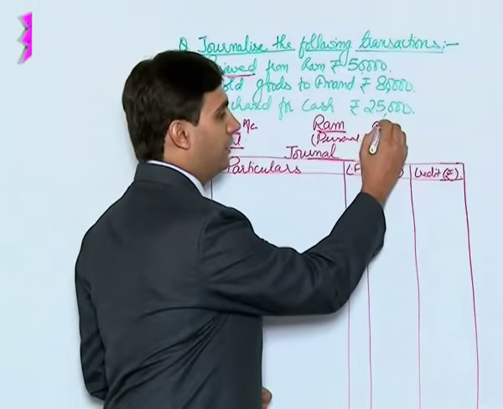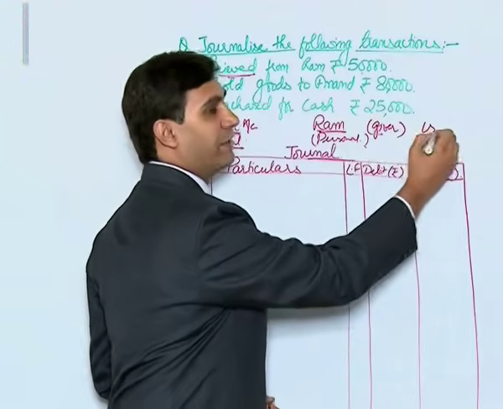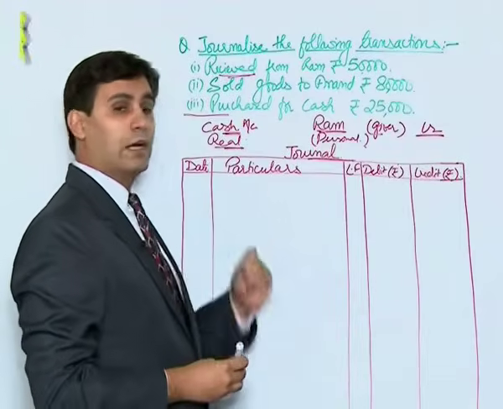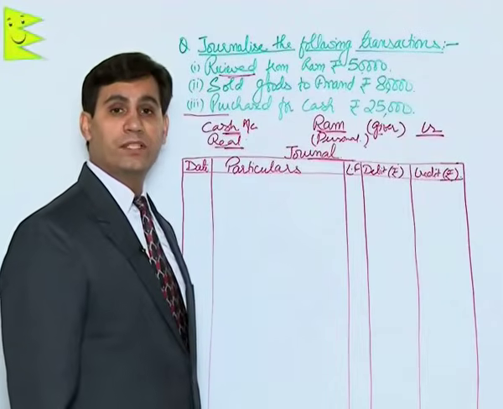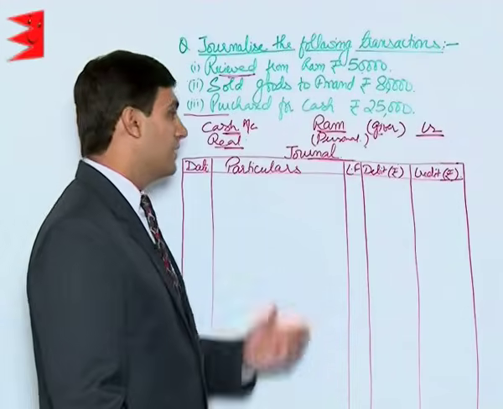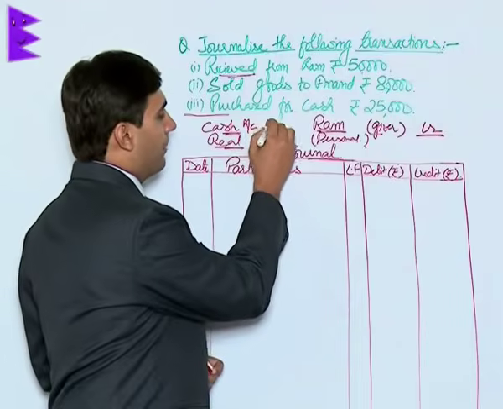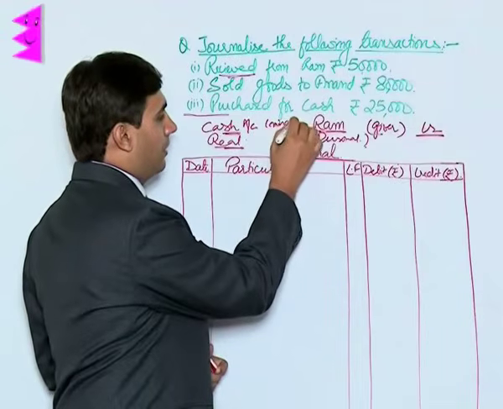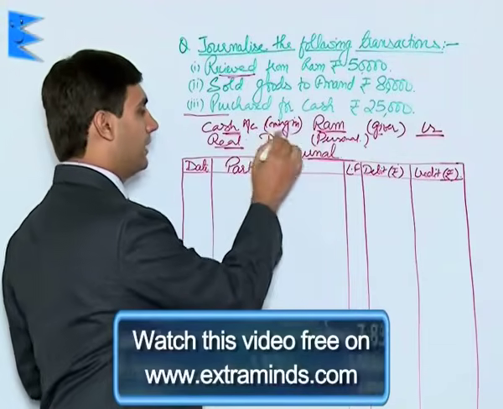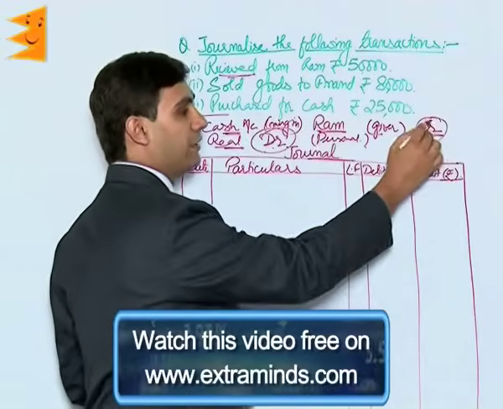Since Ram is a giver, his account would be credited. Correspondingly, cash is a real account. The rule for real account is debit what comes in, credit what goes out. Since cash is coming into the business, it must be debited. So students, it is very clear that cash would be debited and Ram would be credited.